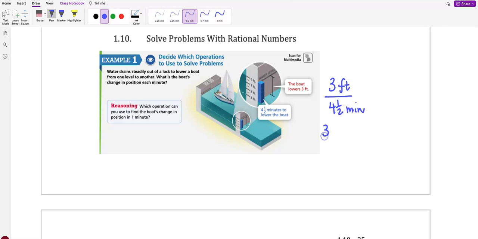So this is 3 divided by 9/2. That is 3 times 2/9, which is 6/9, or 2/3. So that tells me that it changes 2/3 feet in 1 minute.